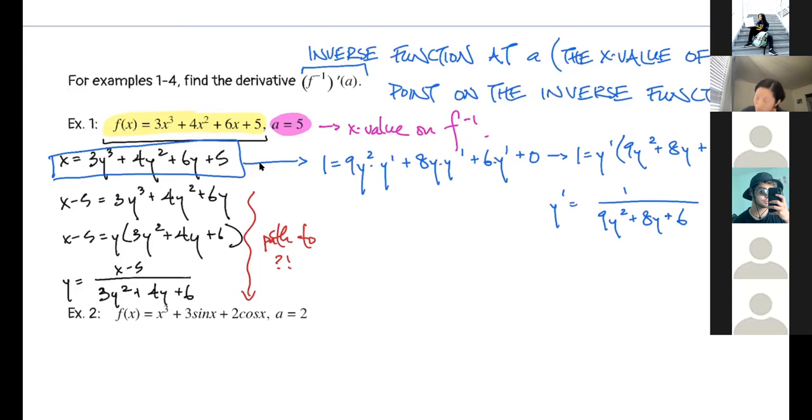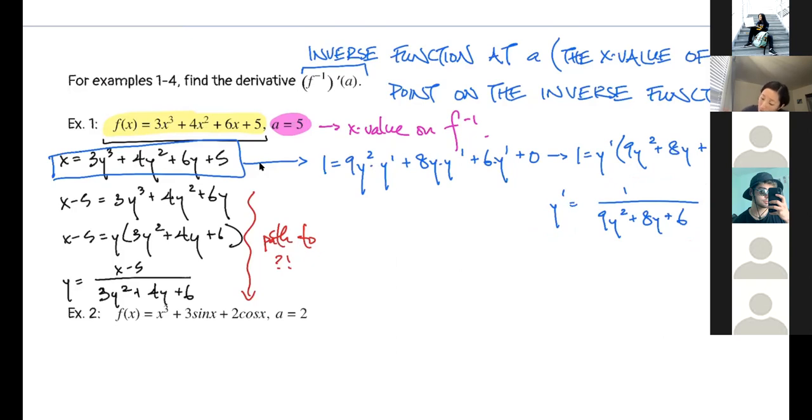So if I want to get a number for y prime, what do I need to know in order to get a number? I need to know the y value.